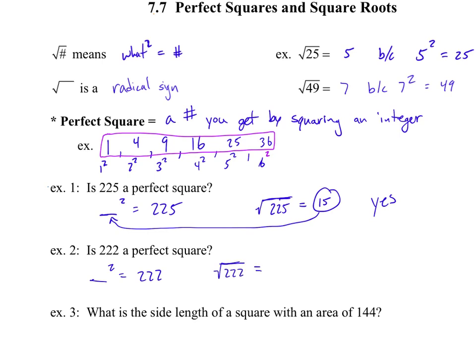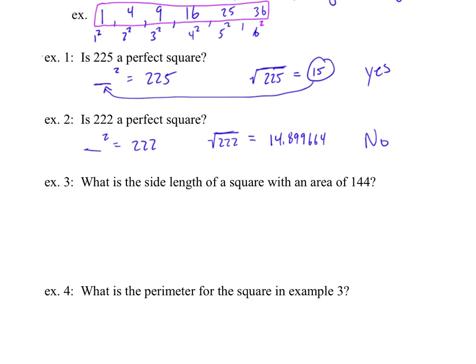About 14.8, and the decimal continues: 14.899 and so on. We'll stop there. It's a decimal answer, so it's not a perfect square.